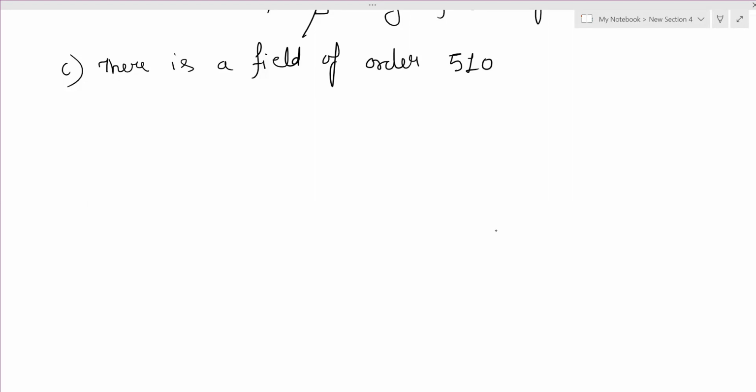It is 2, 3, 5 into 17. So this means there does not exist any field of order 510, so this is also false.